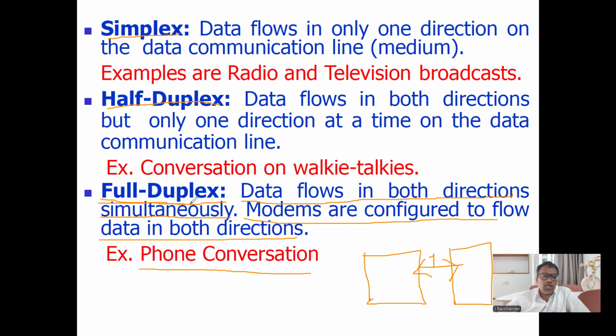Full duplex communication, both directions we can send the information at the same time. Example of simplex: keyboard, projector, TV or radio. Example of half duplex: walkie-talkie. Now, full duplex, data flows in both directions simultaneously.